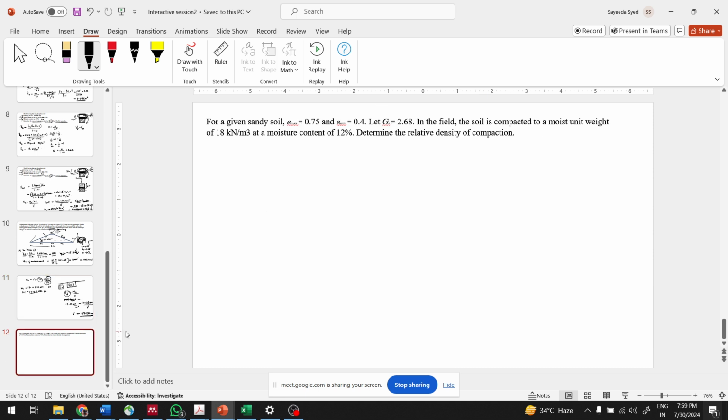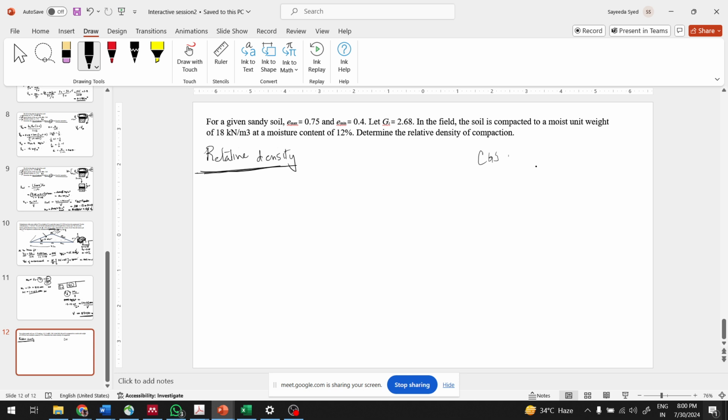Let's move on to the last question for today. This question is for relative density. So basically, relative density is for coarse grained soils.